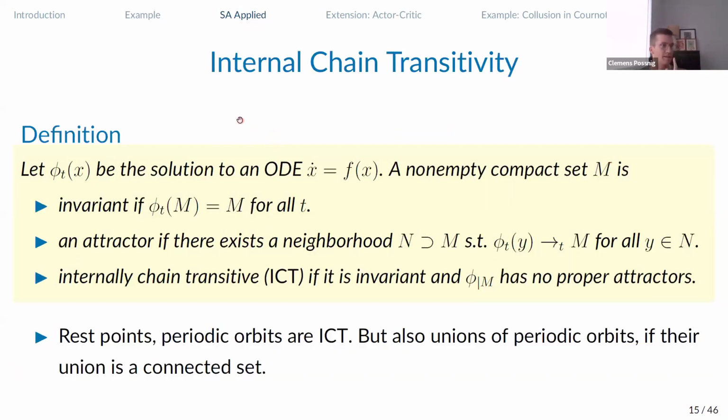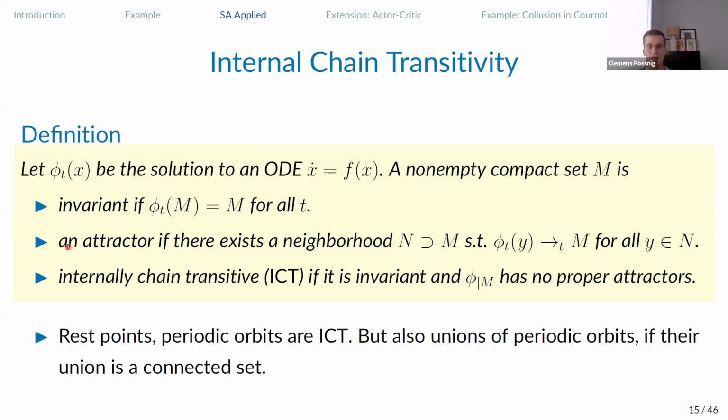An internally chain transitive set is a specific invariant set of the ODE. So if phi t of x is a solution to an ODE, then a compact set of the domain of the ODE is invariant whenever phi t applied to that set is not going to change that set. It's not contracting it or expanding it or changing it in any way.